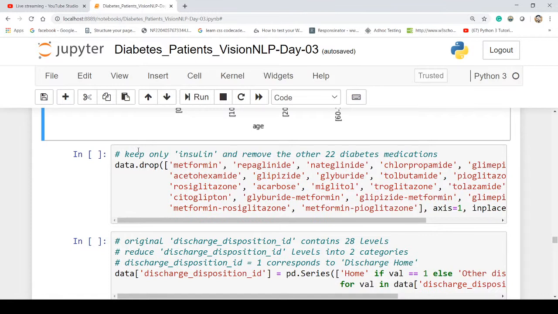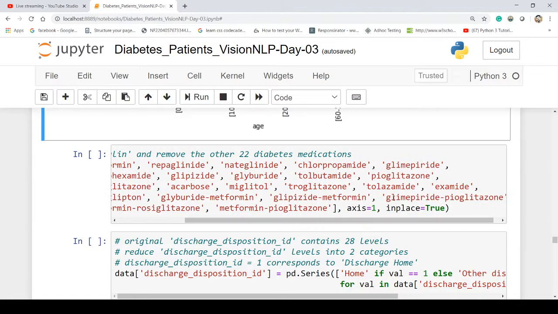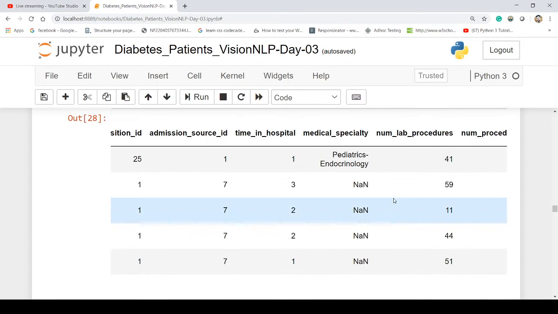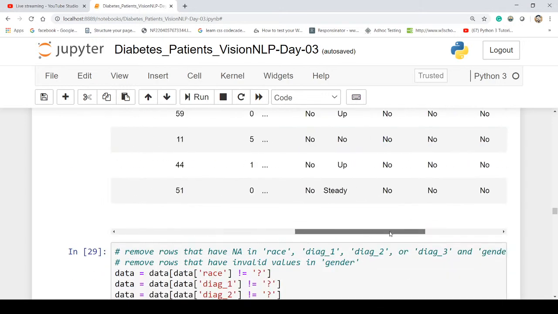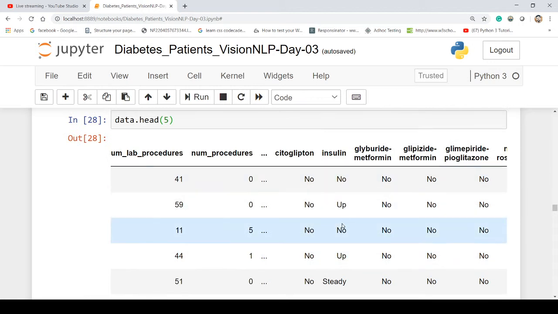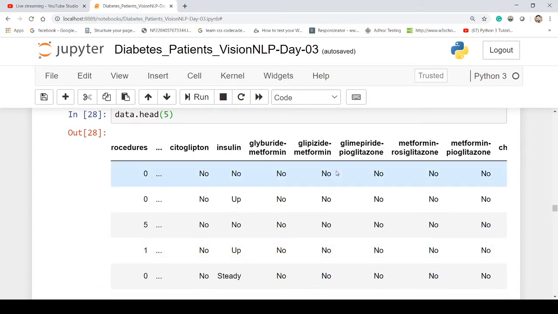So now keep only insulin and remove the other 22 diabetic medicine columns, because in these many columns I have none values, and it doesn't make much sense for my data set. If you can see, the other columns have mostly no steady. Except insulin, because insulin has around 3 to 4 categories, but the other columns have only 2 categories.